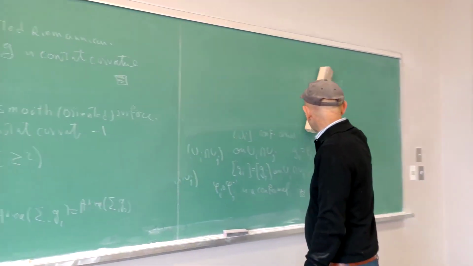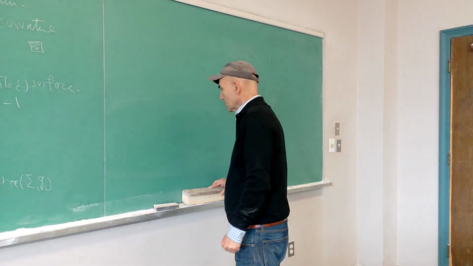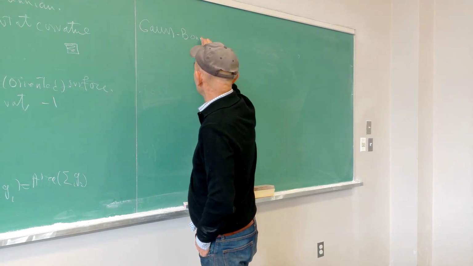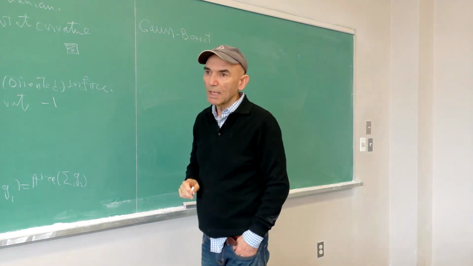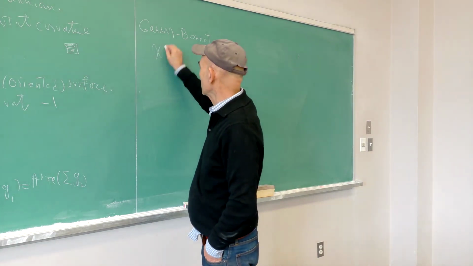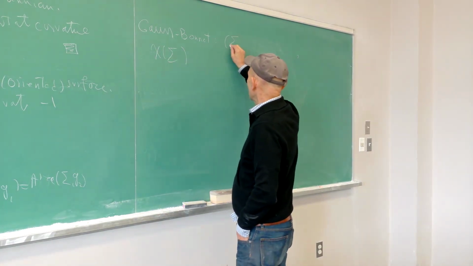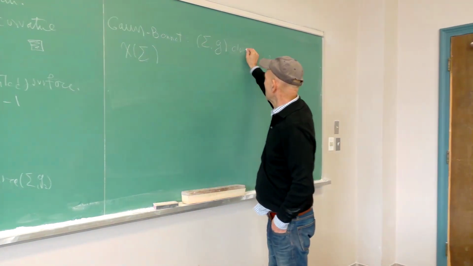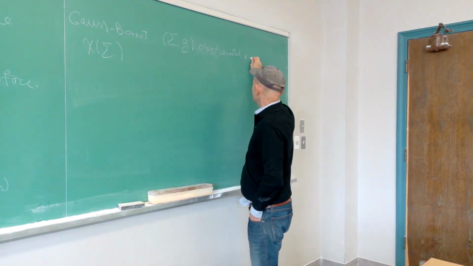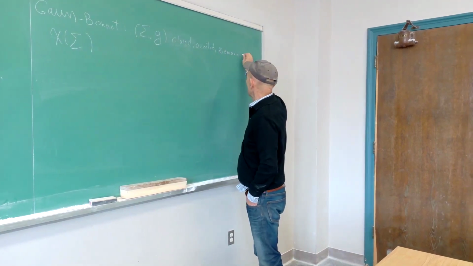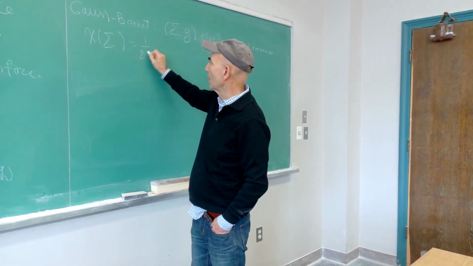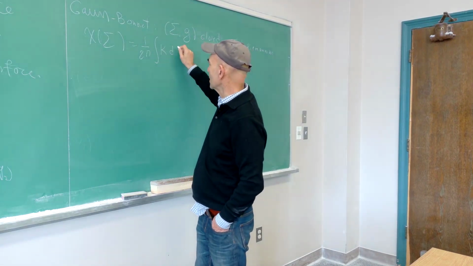So let me tell you what the Gauss-Bonnet theorem is. It tells you that if sigma, G is closed, oriented, Riemannian, then the Euler characteristic of sigma is equal to 1 over 2 pi times the integral of the curvature dA over sigma.